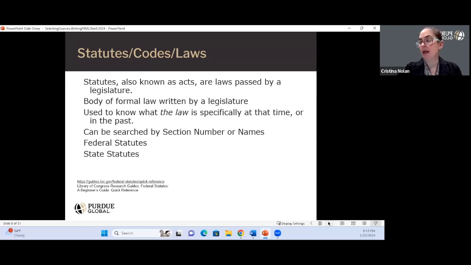They can be searched by section number or names, and there are federal statutes and state statutes. Some state websites are all linked, and if you want to look at a specific section, sometimes they're annotated and especially helpful, but it really depends on your state's website.